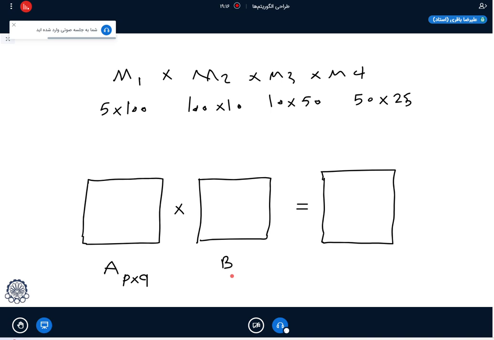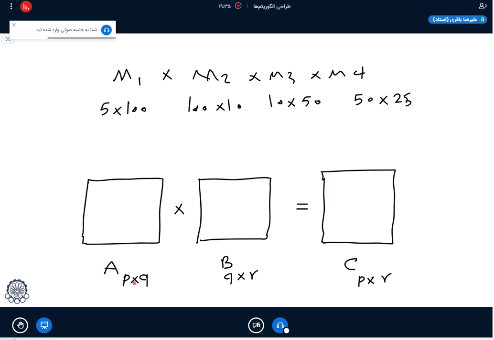The second matrix is matrix B, which has Q rows and R columns. The result will be a matrix C, which has P rows and R columns.